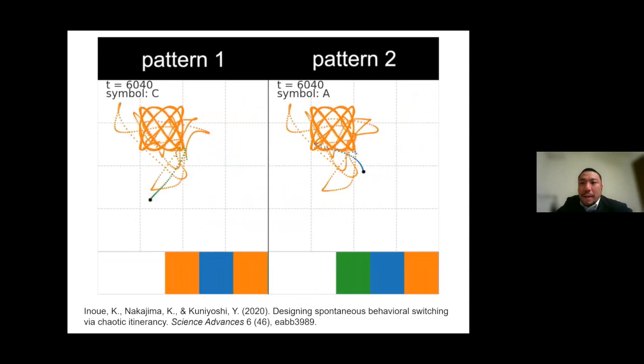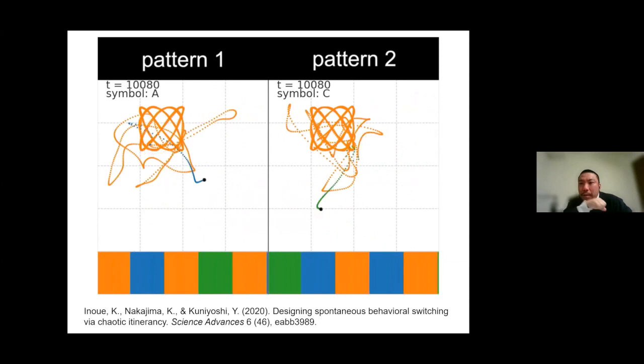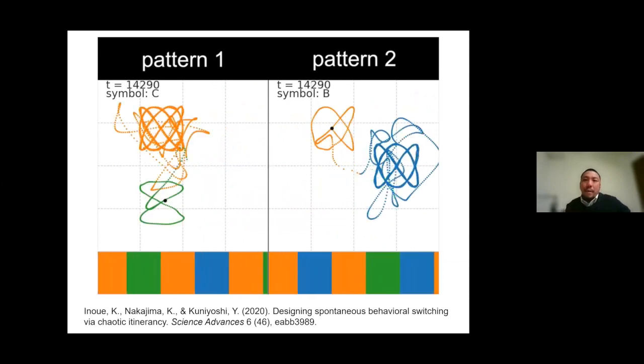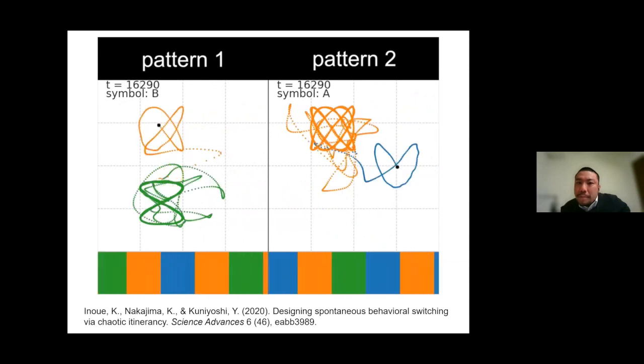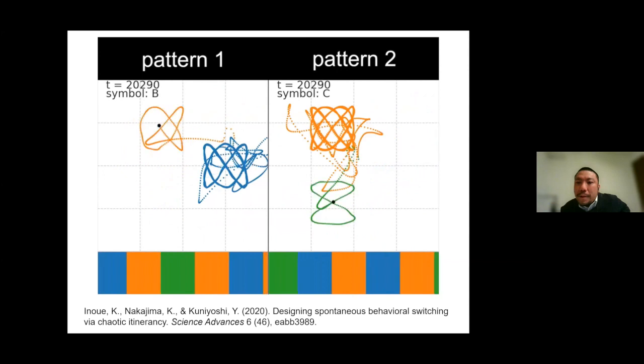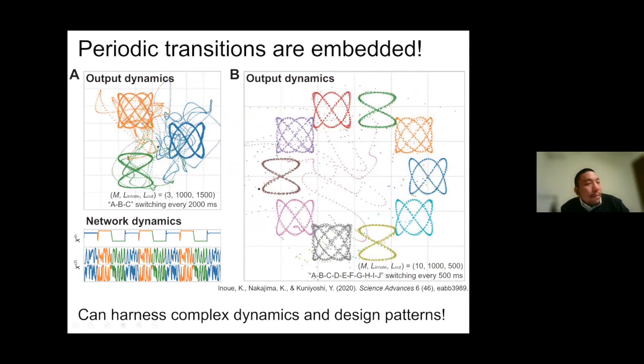And here we show that we can also implement the context-dependent switching of this attractor. Okay, so please check this paper for details. Basically, the main point is that by using the reservoir computing approach, we can harness the complex dynamics for our computational purpose. That's the message.